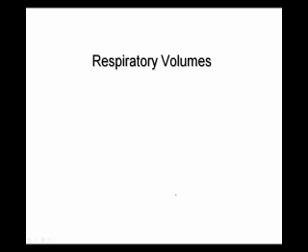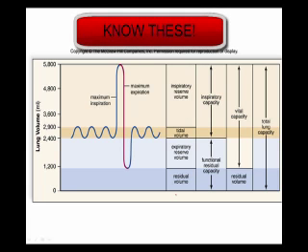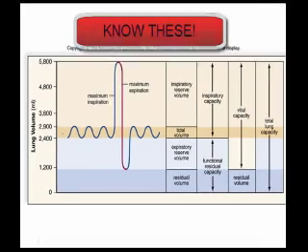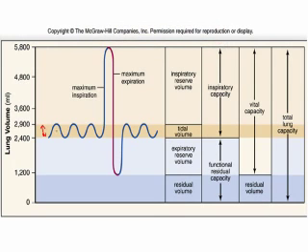Respiratory volumes: we can measure how much air actually moves into and out of the lungs. This diagram is a spirograph, which is a measurement of various respiratory volumes. And so right in the middle of the diagram, you see something called the tidal volume. The tidal volume is equal to the amount of air that we move in and out during quiet, restful breathing.